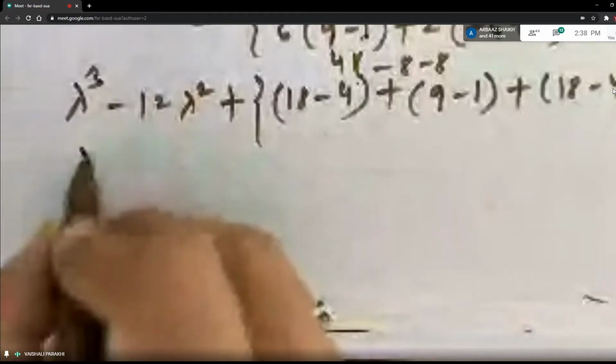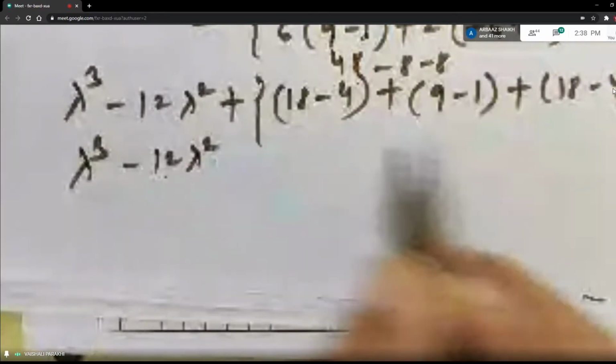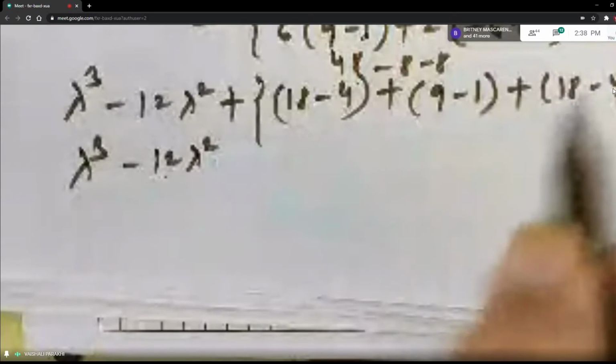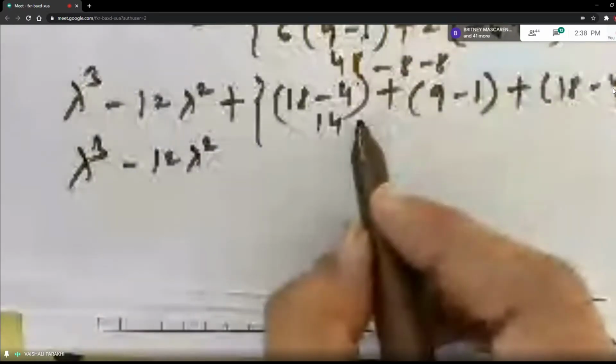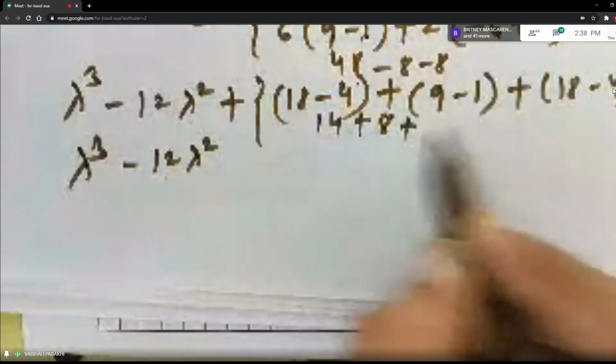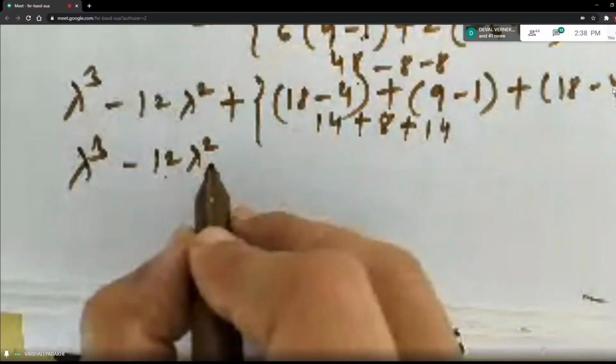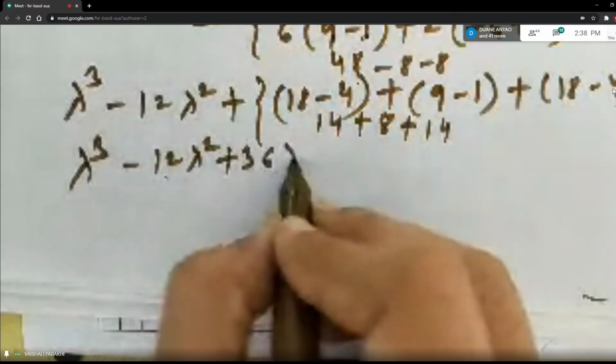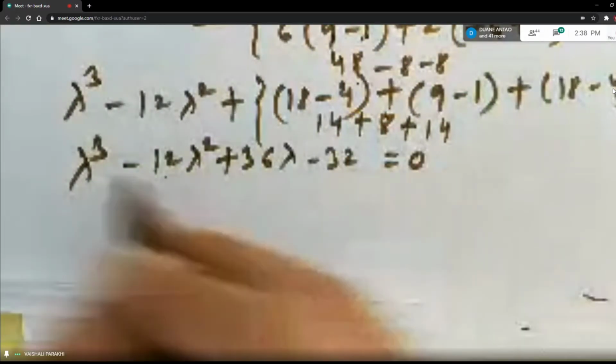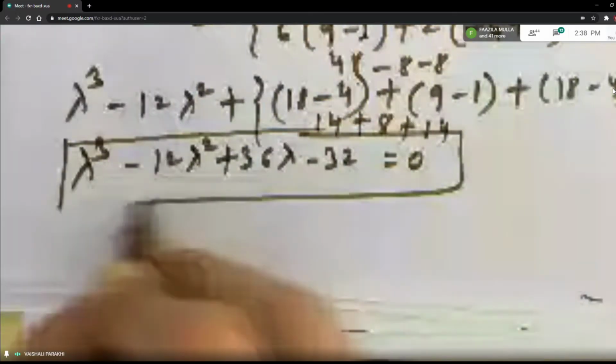So what you get is lambda cube minus 12 lambda square. Now 18 minus 4 is 14. Then this is 8 and this is 14, right? So what is the middle term getting? 14 plus 14, 28 plus 8, 36, right? So this is plus 36 lambda minus 32 equal to 0. And your characteristic equation is ready.